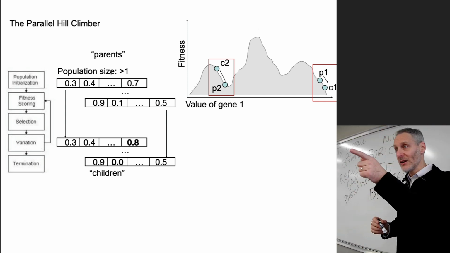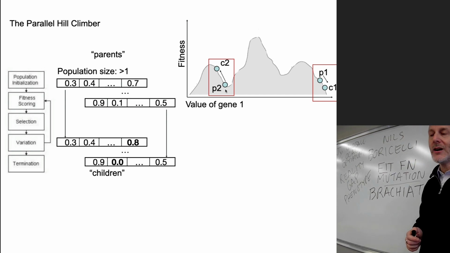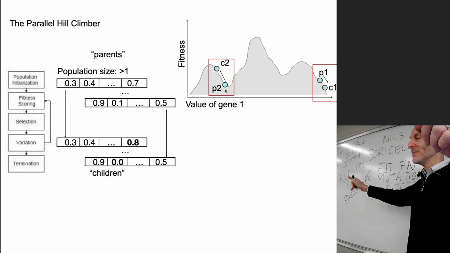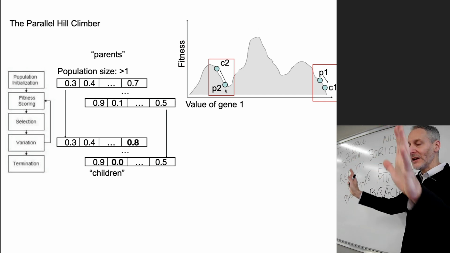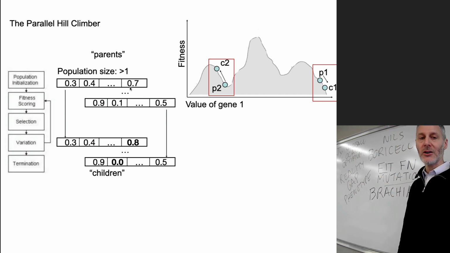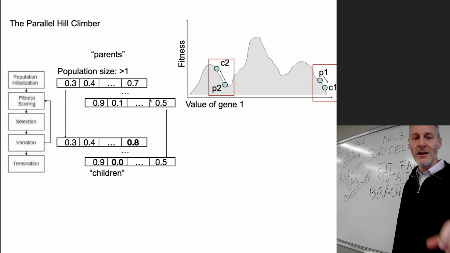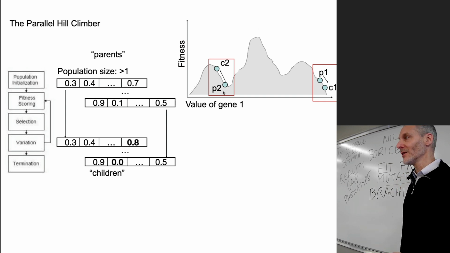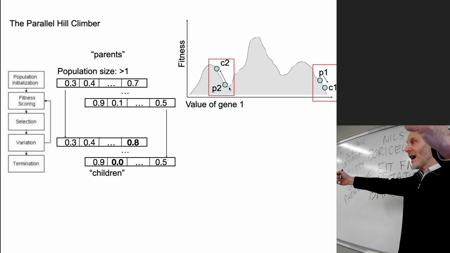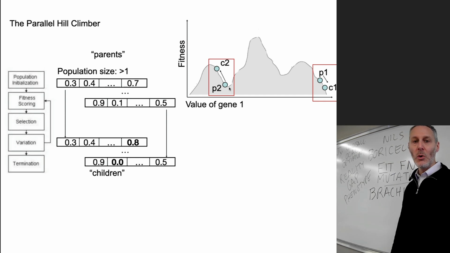So, what a surprise. We have this thing called the parallel hill climber, where we generate a bunch of parents at random to begin with. Now we're comfortably in the territory of evolutionary algorithms because we have a population of candidate solutions. Let's assume a population of 2. We have parent 1 that landed here in the fitness landscape, and parent 2 who landed here, and each parent, as in the hill climber, produces one child, C1 and C2.